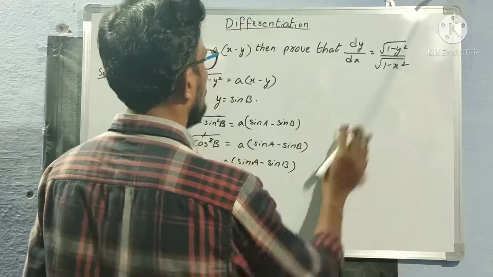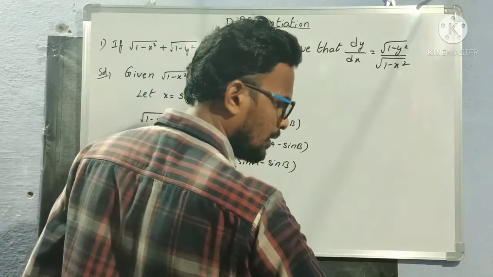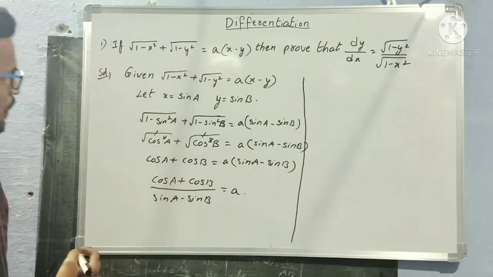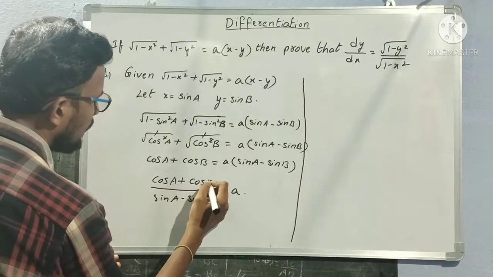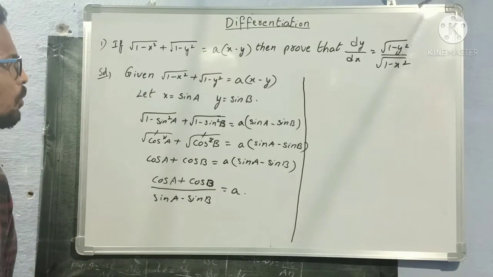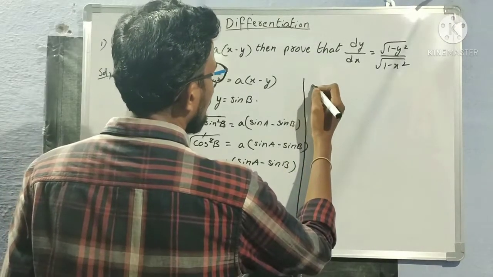Now, this side I will write. cos A plus cos B is nothing but cos C plus cos D, and cos C plus cos D is 2 cos of C plus D by 2 cos of C minus D by 2.